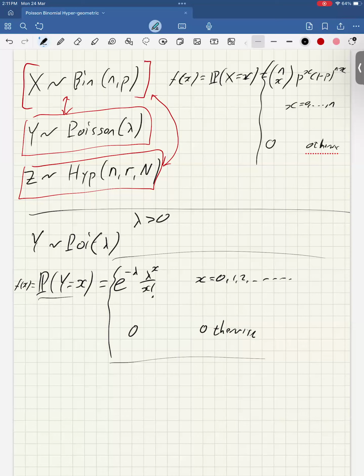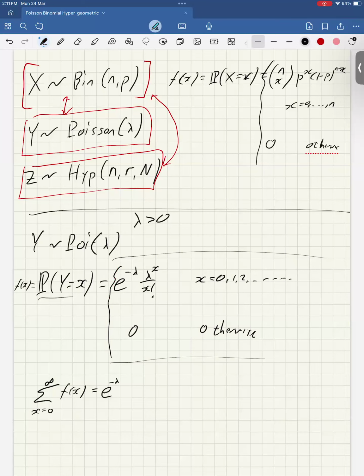Before we say something about it, let's just see that it's a probability mass function. Each of these entries is strictly positive for any x, so that's one criterion. The other one is that the sum of x going 0 to infinity of f of x needs to be 1. Let's look at that sum. Before we do anything, let's observe that e to the minus lambda does not depend on x, so that's a normalizing constant, which we can write out front.